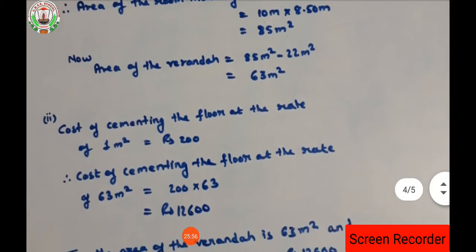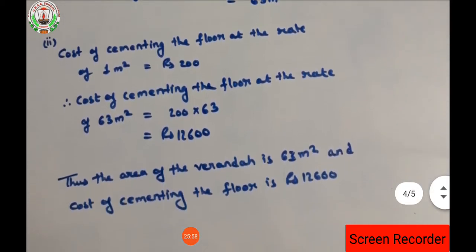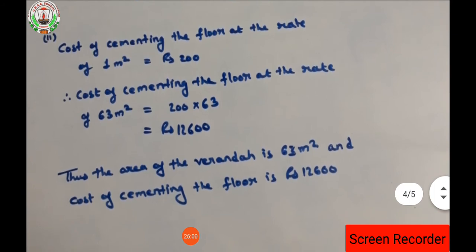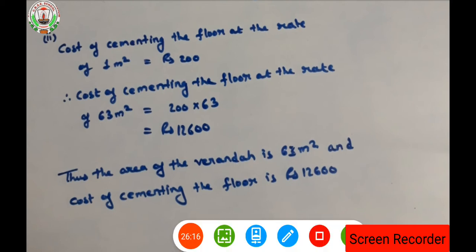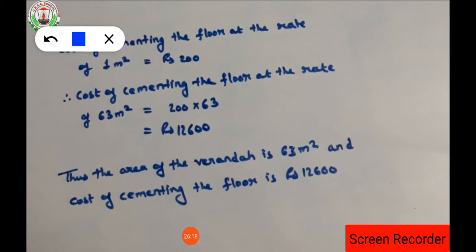Now in the second part of the question, it is talking about the cost, isn't it? The cost of cementing the floor at the rate of 1 meter square is rupees 200, given in the question. The actual area of the veranda that we found is 63 meter square.